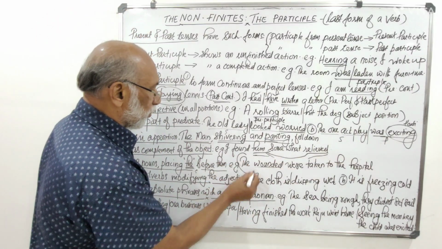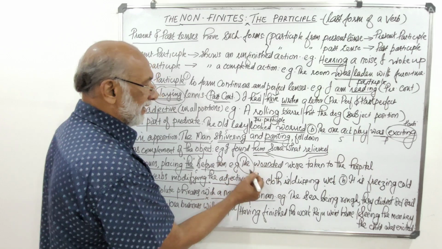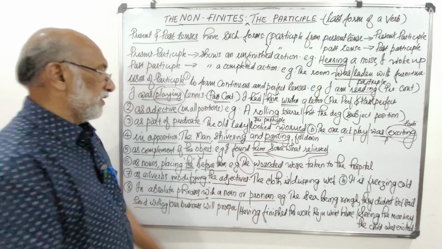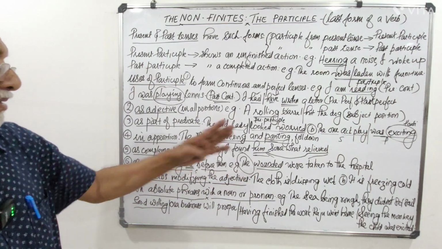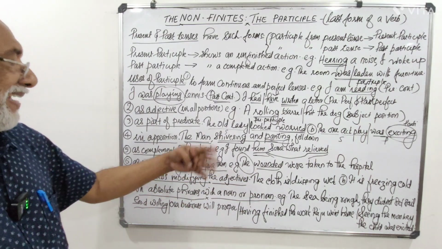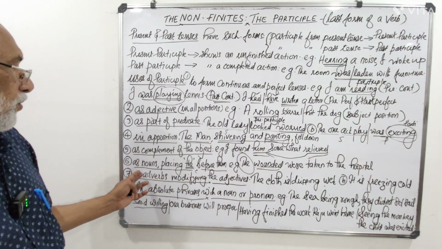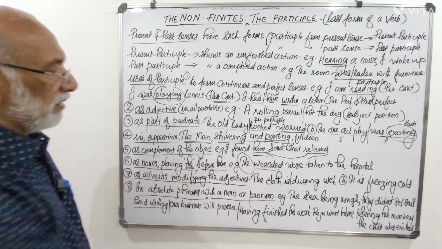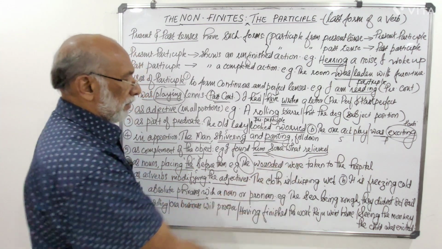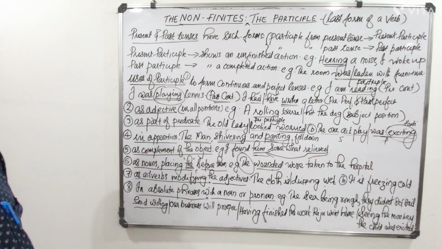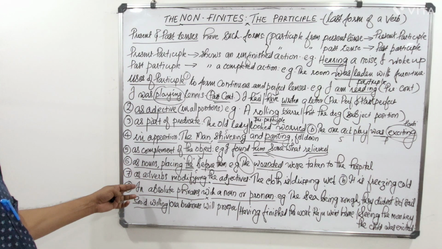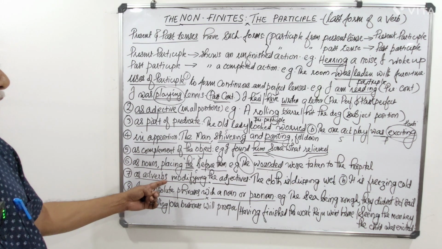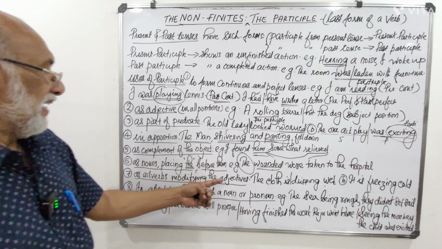So the use of the at the beginning or before a particular adjective or verb, it gets the effect of a noun. So placing the before them. Here it is actually the past participle.